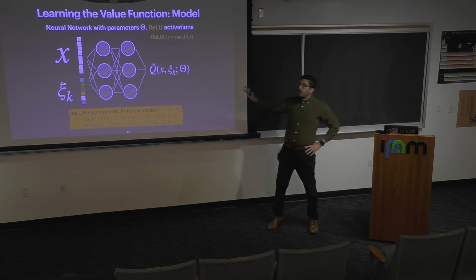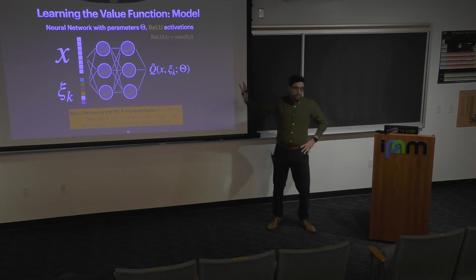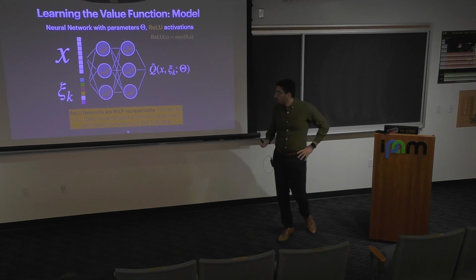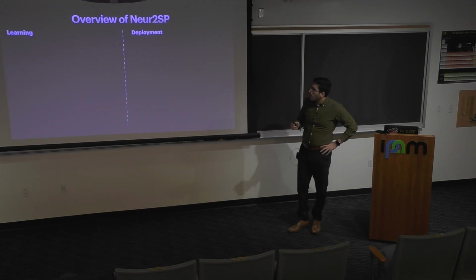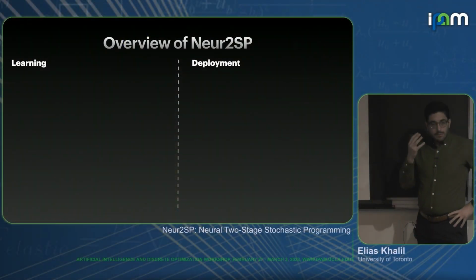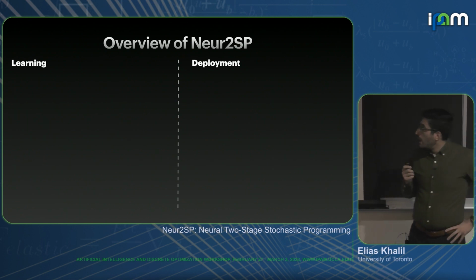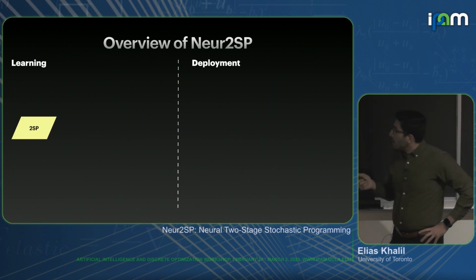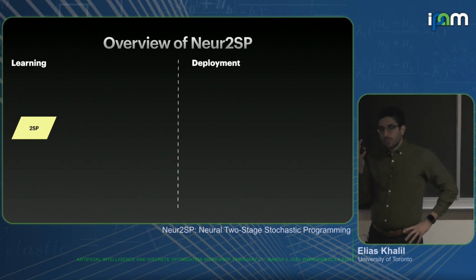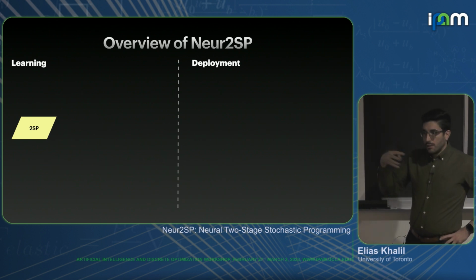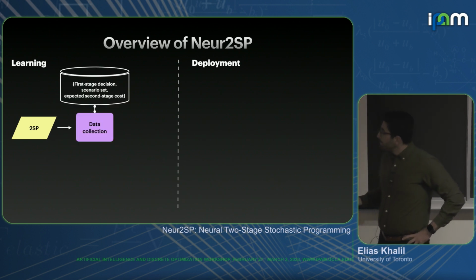But this is just the backbone. We're going to do a lot more with the overall architecture to make it work and scale well. But at a high level, the system that we're proposing, Neur2SP, operates in this way. In the learning phase, you have some two-stage stochastic program where, again, the scenarios may vary.